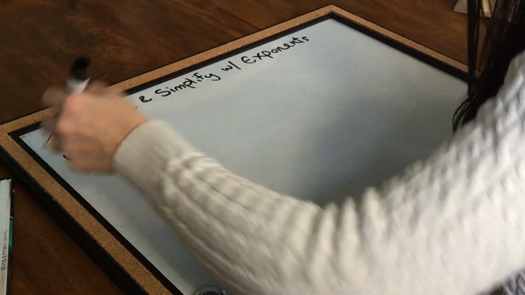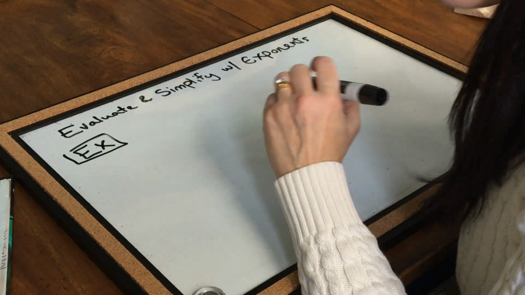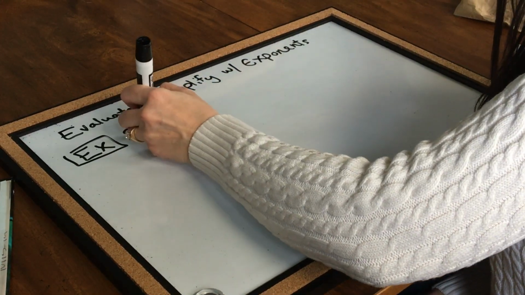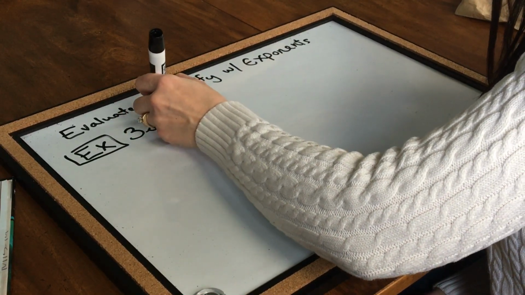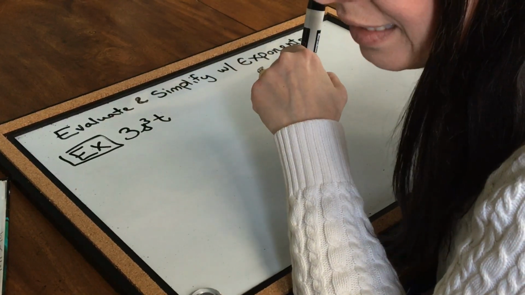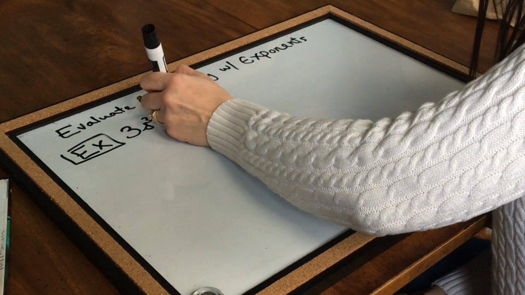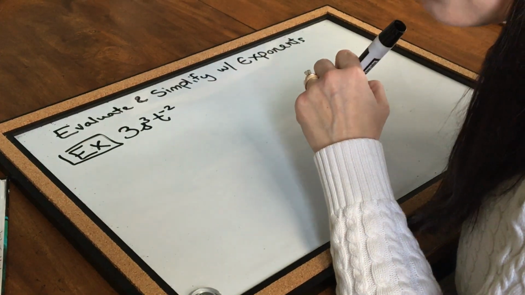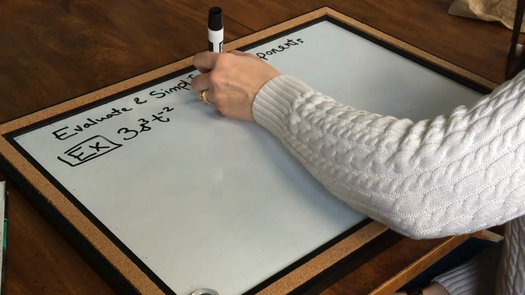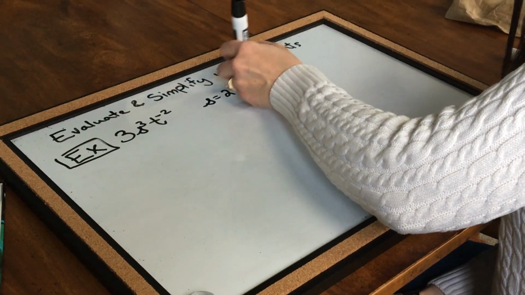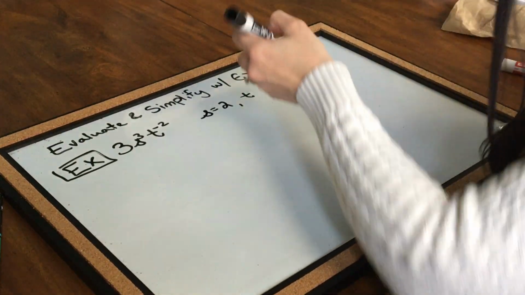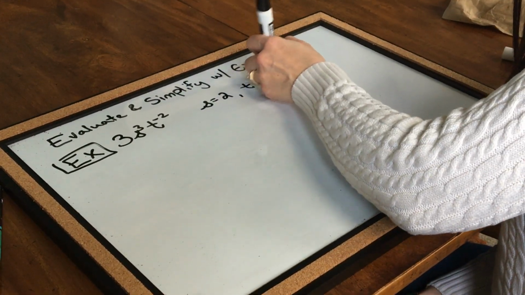at an example. So this gives us an expression. It's going to be 3s to the third power and t to the negative 2 power. And it's going to tell us that s equals 2 and that t equals negative 3.